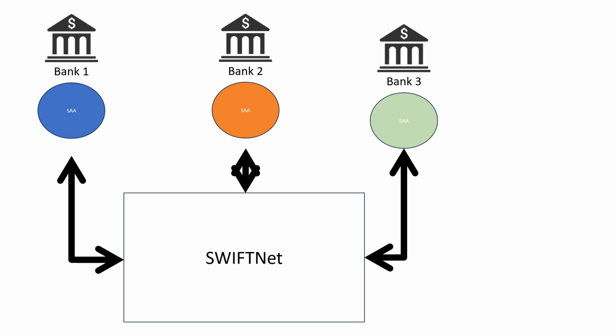But the question now is, do banks always have to have their own SAA? Actually, the answer is no. Sometimes when a bank is too small and can't afford to purchase its own SAA due to the demanding hardware and software requirements cost, it goes to something called the Service Bureau.